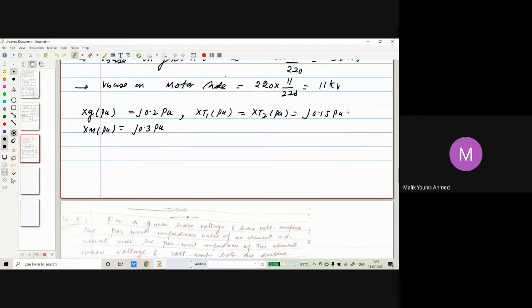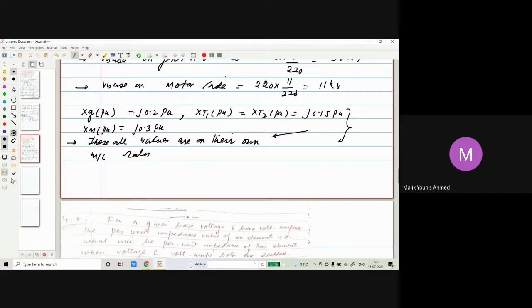So these are nothing but machine ratings. We call them, these values are on their own machine ratings. I'll make a note for you: these values are on their own machine ratings.